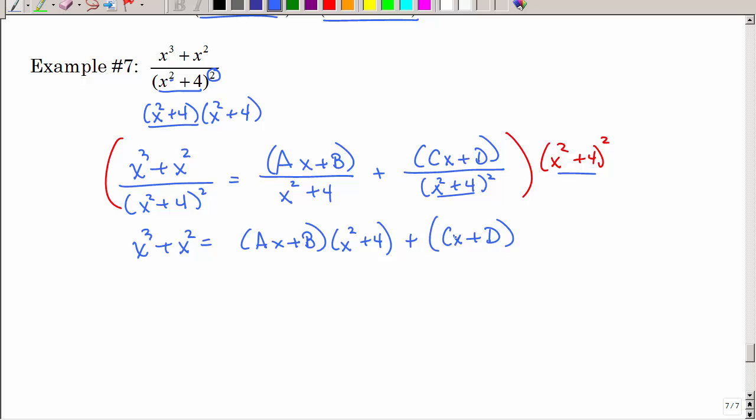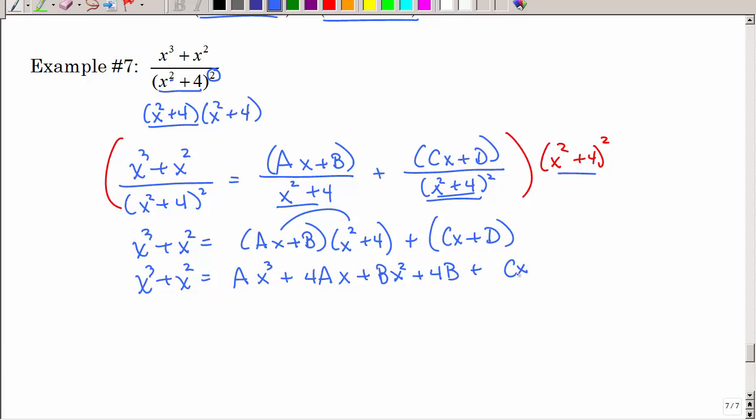Do you have any convenient values? No, because you have no linear factors, no convenient values. So let's just dive in and equate coefficients. So I need to multiply this out. Again, we have ax cubed plus 4ax, bx squared plus 4b plus cx plus d.